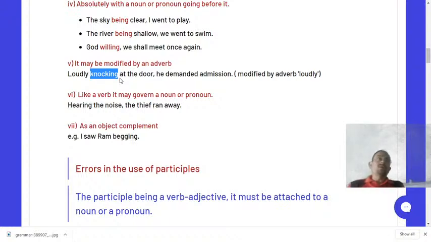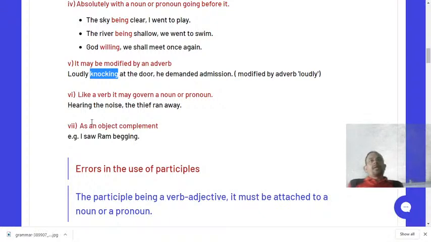So, loudly knocking at the door, he demanded admission. In this sentence, knocking is an example of a present participle because it is modified by the adverb loudly. Loudly knocking means the word knocking is very closely attached to the adverb loudly. Therefore the word knocking is modified by an adverb.